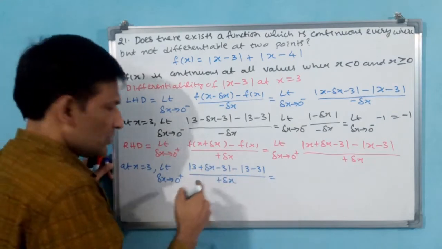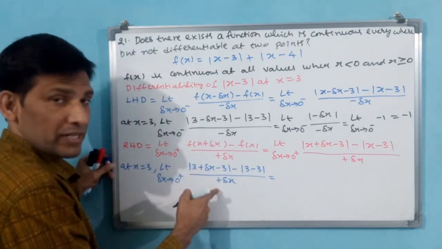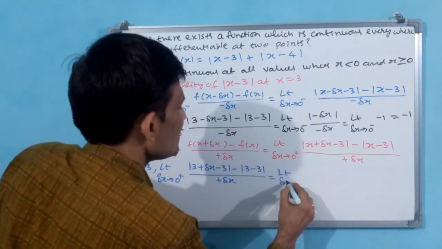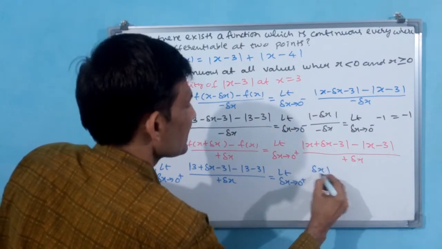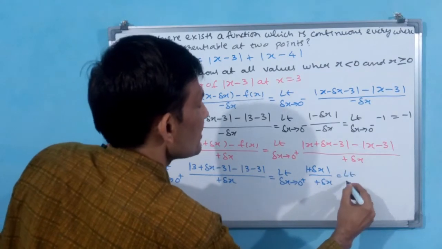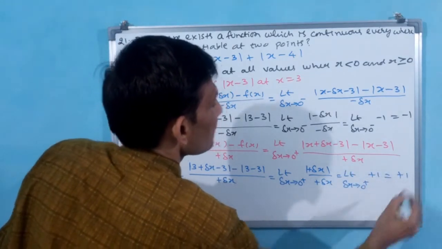Okay. See, 3 is going to get cancelled. Plus delta x by plus delta x is going to come. Here 0 you need not write. Write down again. Limit delta x tends to 0 plus |delta x| by plus delta x. That is equal to limit delta x tends to 0 plus 1. That is equal to plus 1.